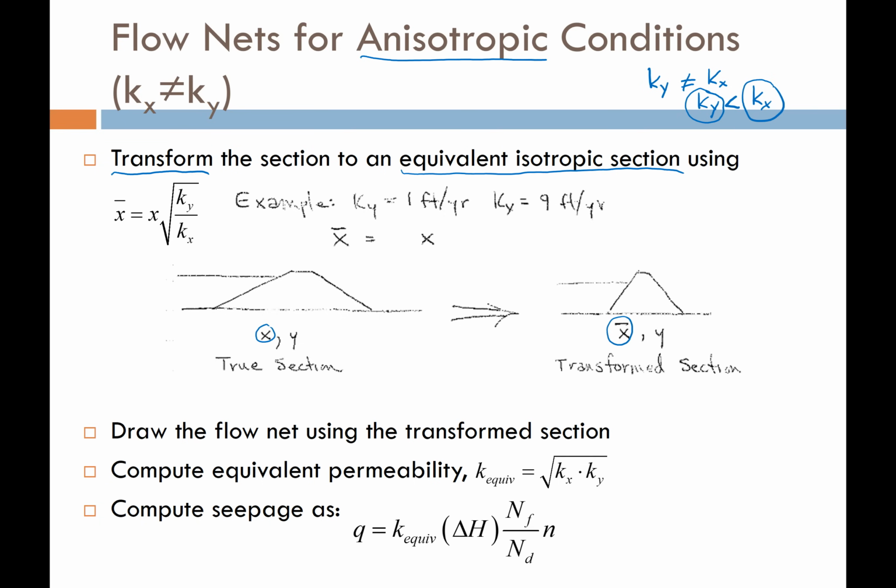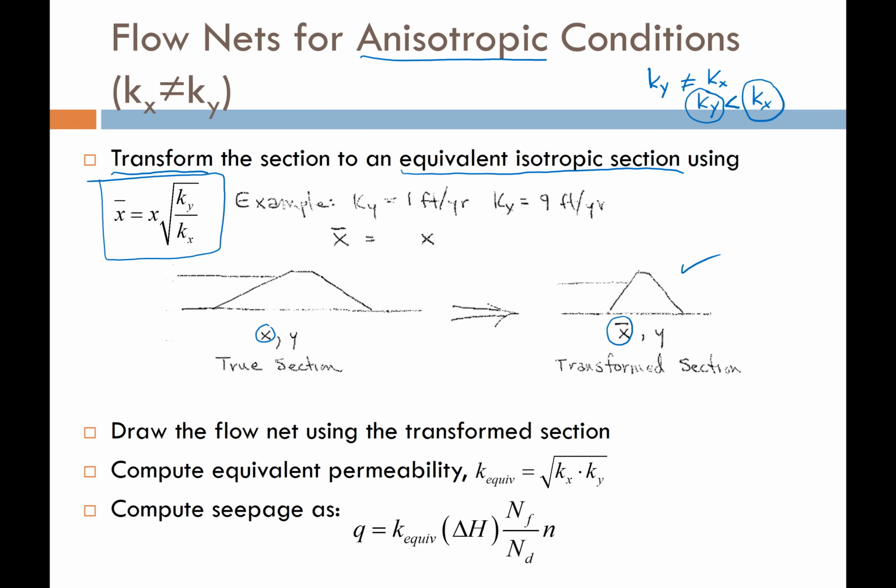It looks like you took your fingers to the cross-section on the left and squished it together to get this cross-section on the right. And we do that using this transform equation, where we compute our new x-coordinates as the old x-coordinate times the square root of the ratio of the vertical to the horizontal hydraulic conductivities.